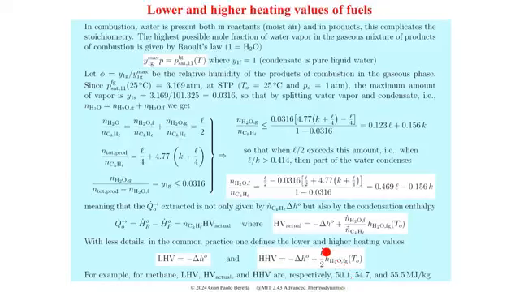And the other extreme is if you want to have an even quicker calculation and forget about the amount of water that remains in the gaseous phase, and assume that every single molecule of water that has been produced condenses, then you put L over 2 here, and you get what is called the higher heating value. It's 55.5. Okay, so there is heating value and heating value. So the actual, the lower if you neglect condensation, and the higher if you overestimate condensation a bit.